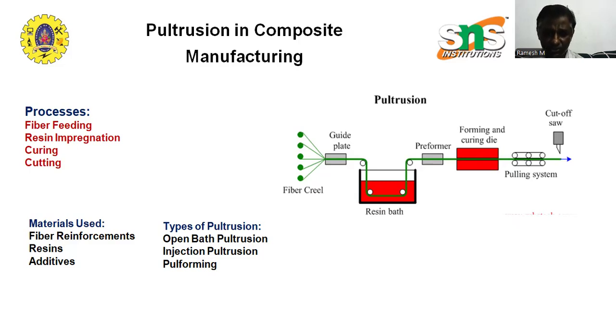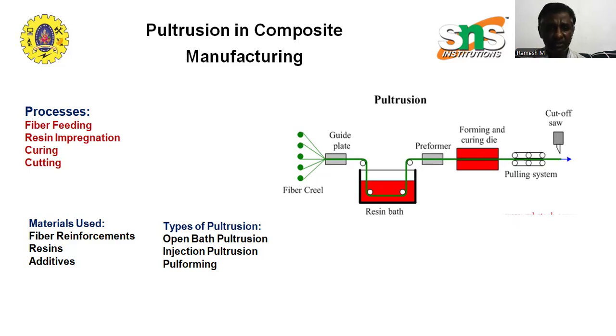It is widely used in applications where traditional materials like steel or aluminum are too heavy, corrode easily, or lack the tailored performance characteristics required for specific structural demands. Pultruded composites are commonly found in industries such as construction, aerospace, transportation, electrical, and marine.